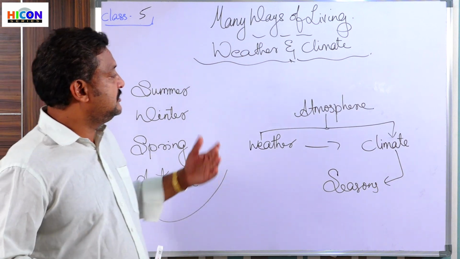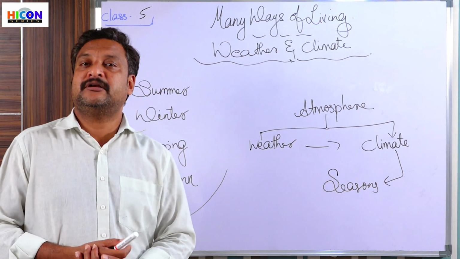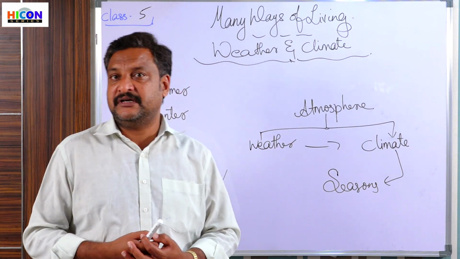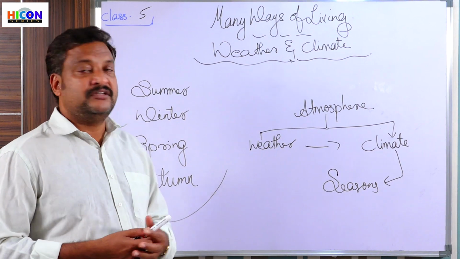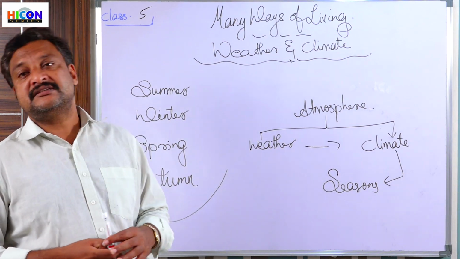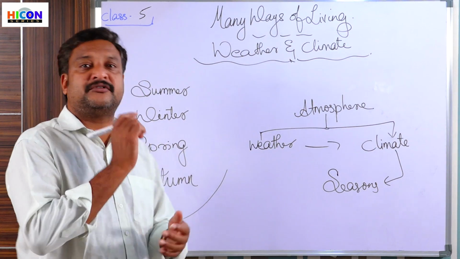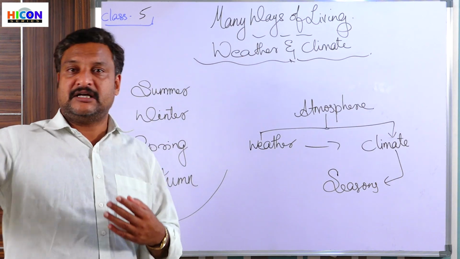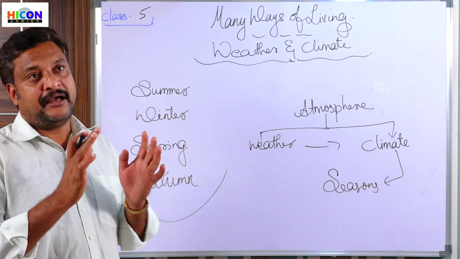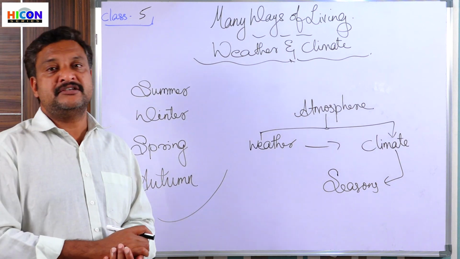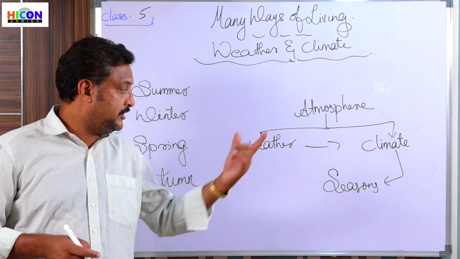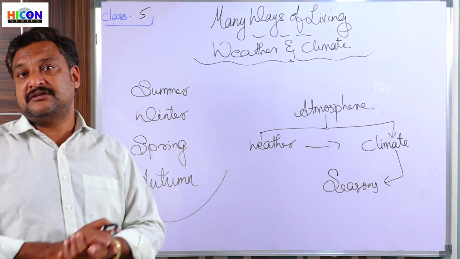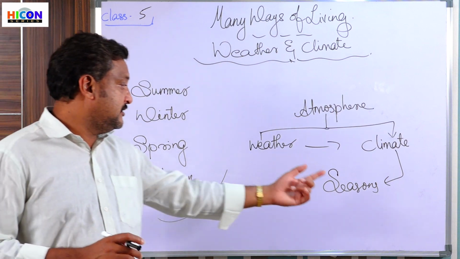So Earth is covered by a thick layer of air called atmosphere. There are some changes happening within this atmosphere, and that is called the weather and the climate. The changes that happen for a shorter period of time are called the weather, and something that happens for the longer time period is called the climate, or average weather conditions of a place over a period of time. When the average climatic conditions are considered, then we get seasons.